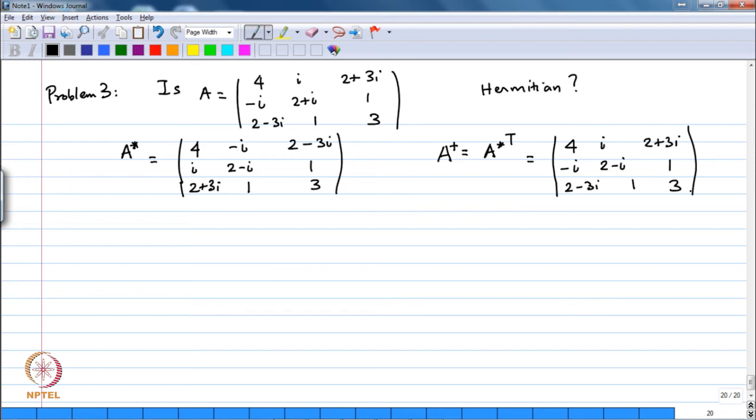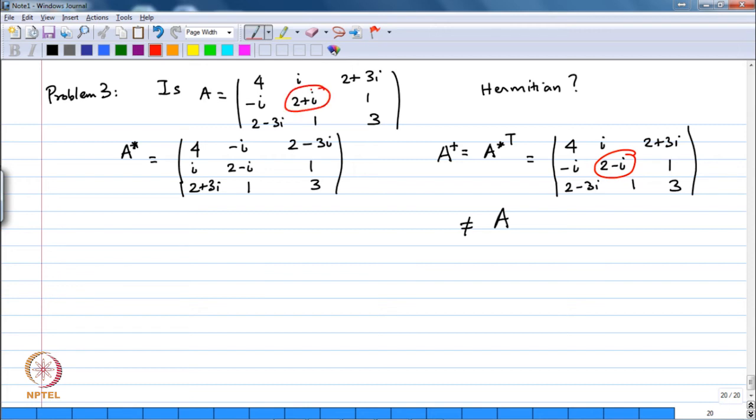Okay, so clearly this is not equal to A, and the reason it is not equal to A is because of this. Everything else is the same, it is only this 2 minus I, and in this case you had 2 plus I. So, that was the difference.